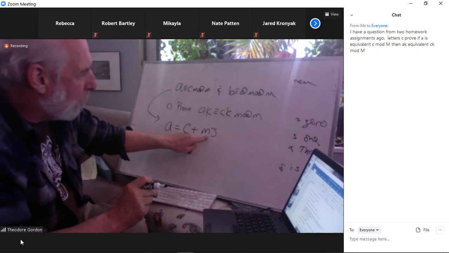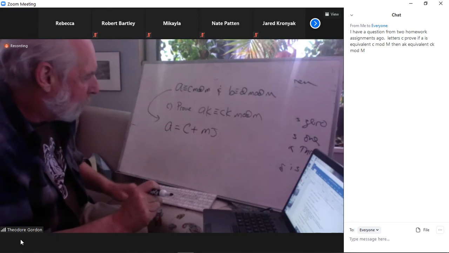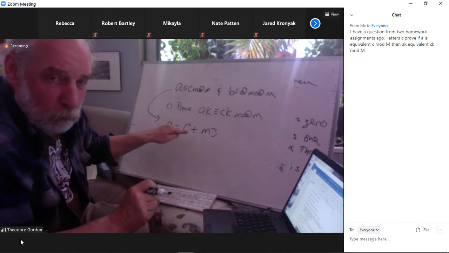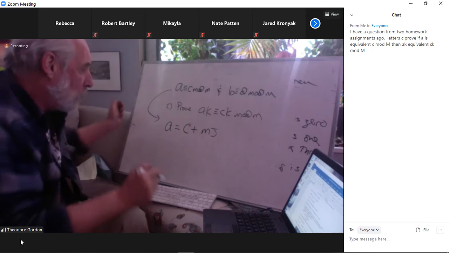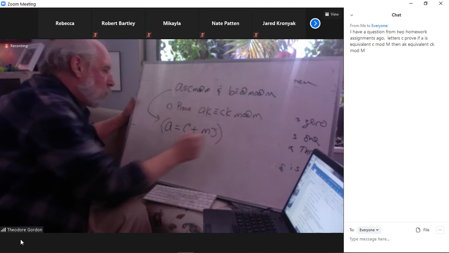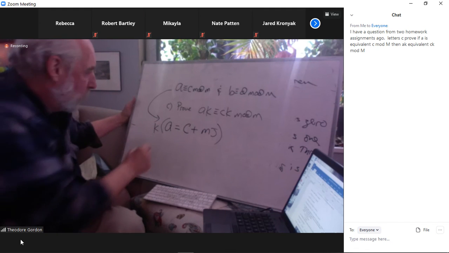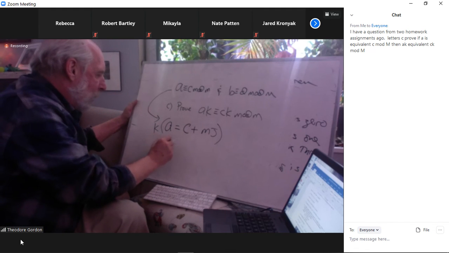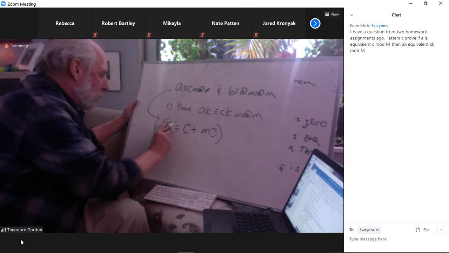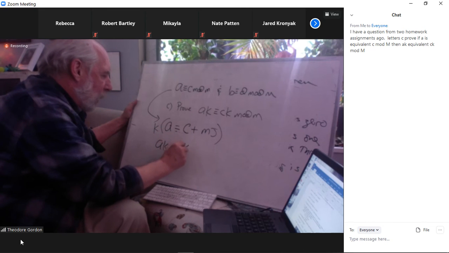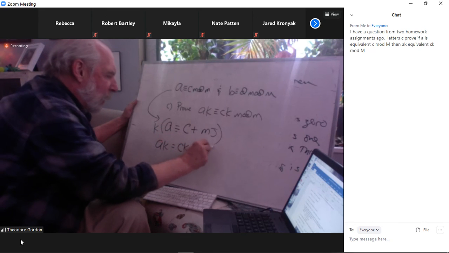And then this is just a multiple of the mod. I'm using J. So this is regular old arithmetic here. So if I multiply by K, I can distribute that, and I get AK is equal to CK plus MJK.